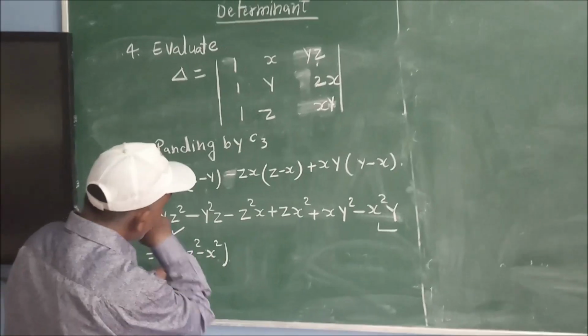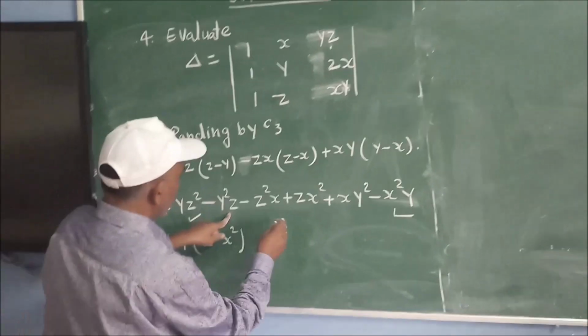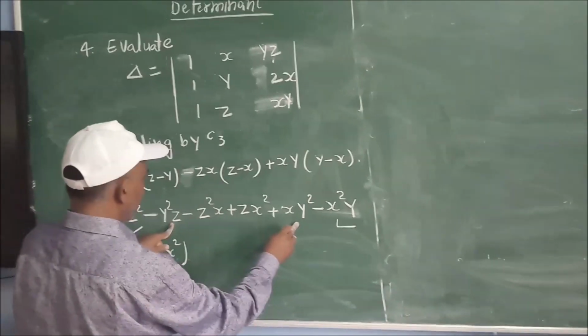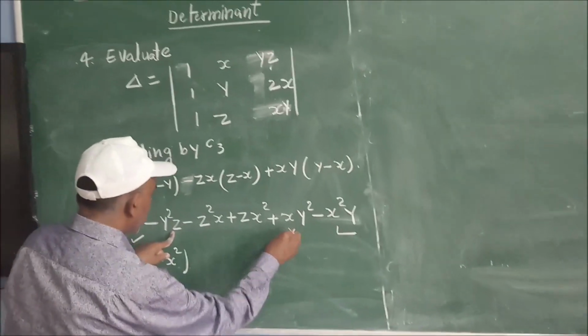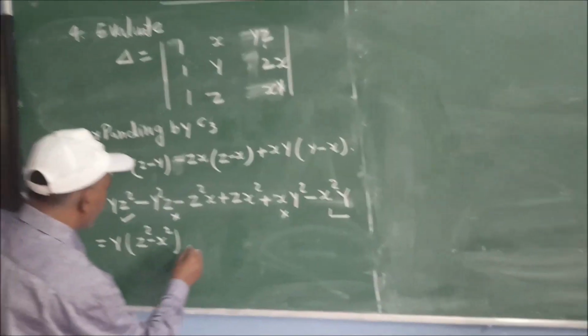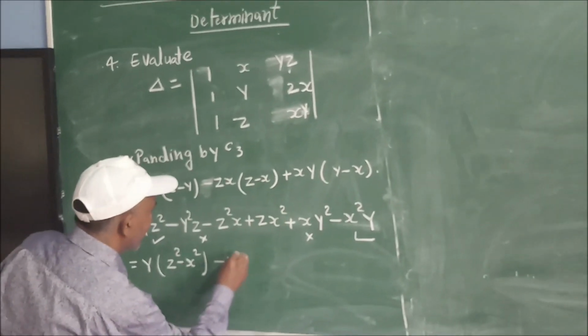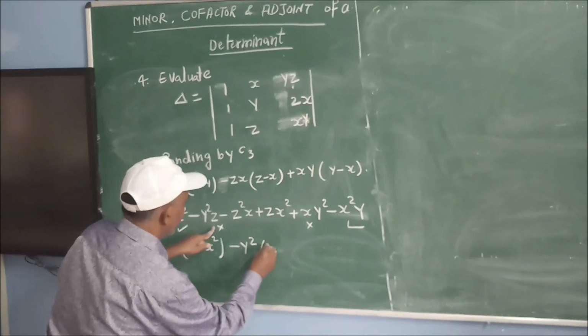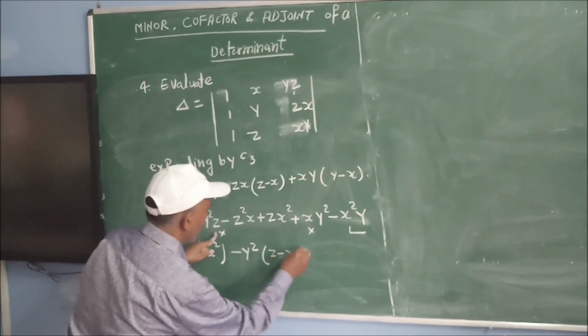So again see, where is z minus x? From this and this term, if you take minus y square as common, this can be written as z minus x.